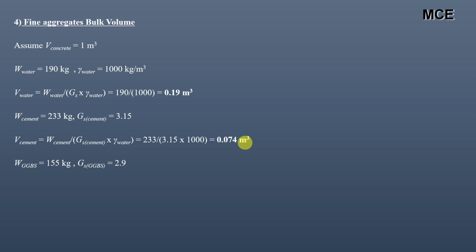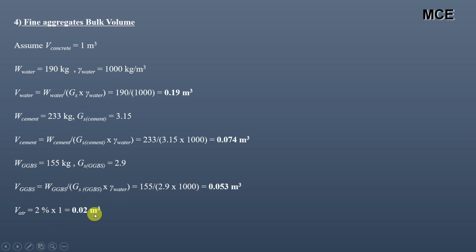Weight of GGBS required for 1 cubic meter is 155. So volume will be weight divided by the specific gravity multiplied by the density of water, which is 0.053 cubic meter. Air content for our concrete is 2%, so 0.02 cubic meter will be the volume of the air in our concrete.